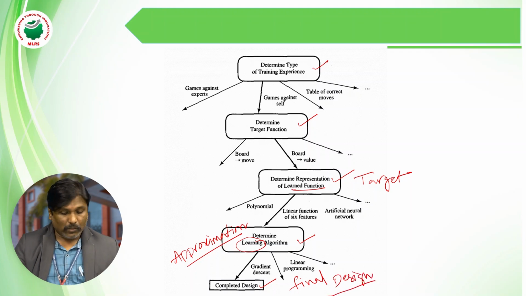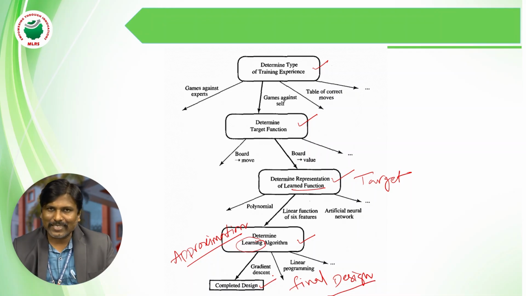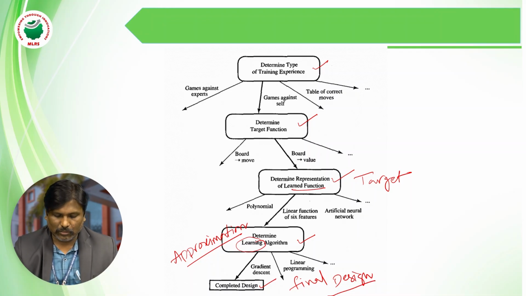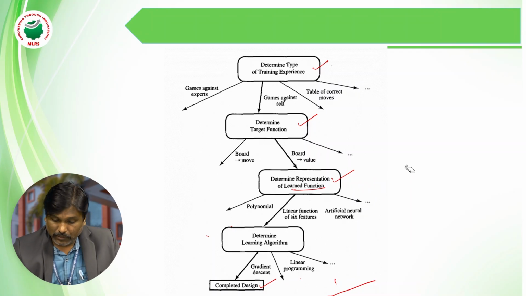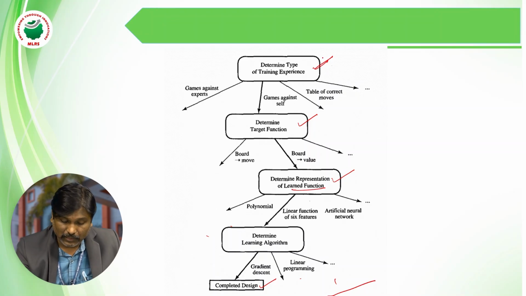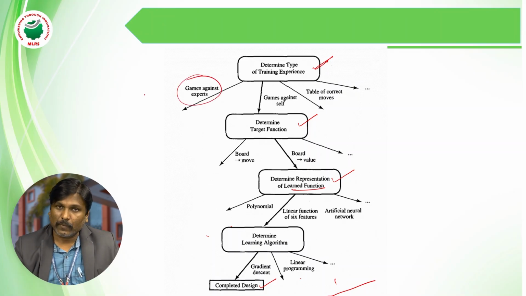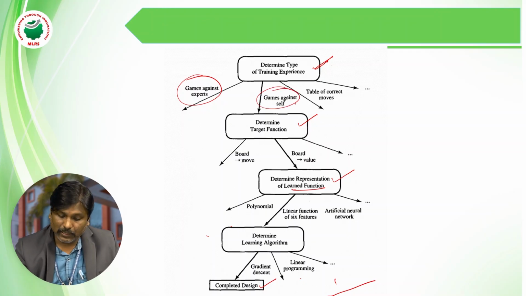If you learn these particular values, we can easily write down the entire remaining answer. I will give clarity on that. So to determine the training experience, what are the things we considered? Games against experts, and games against self, which is feedback against yourself, a direct feedback system.